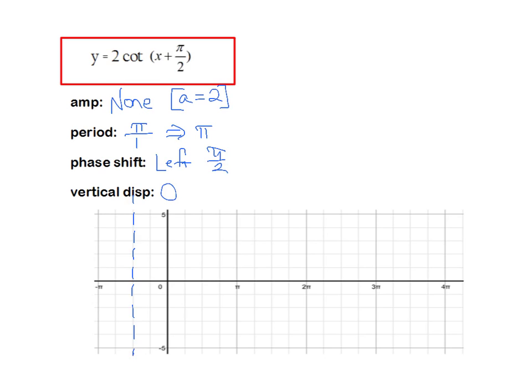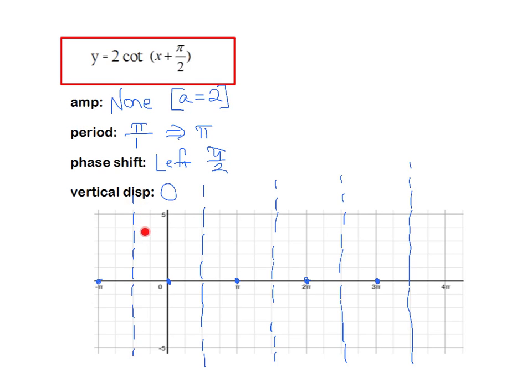And then the period is 1 pi. That means that I'm going to see that asymptote happening again pi units later. And every pi units, or 4 tick marks, however you want to do it, you're going to have an asymptote. If you look back at your parent graph, between every asymptote, you should have an x-intercept. Now this is a cotangent graph.